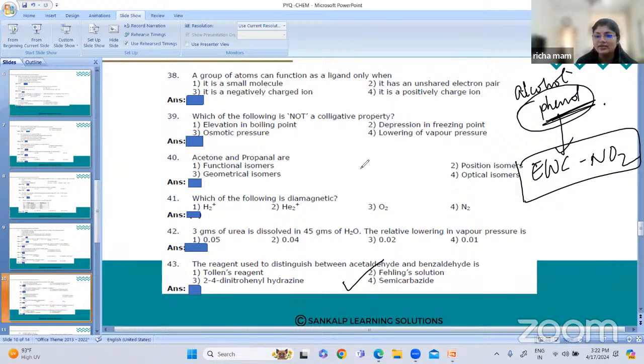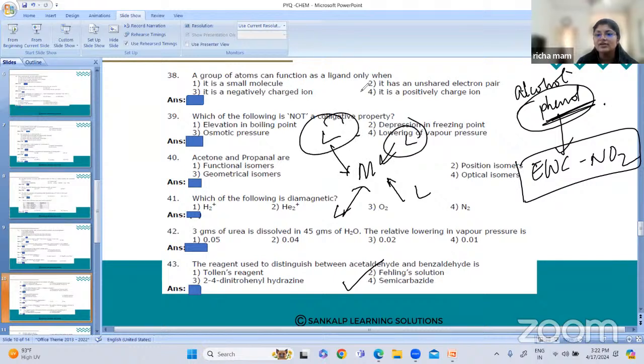Yes, when they have an unshared pair of electrons, the atoms or group of atoms can act as a ligand. So yes, option 2.